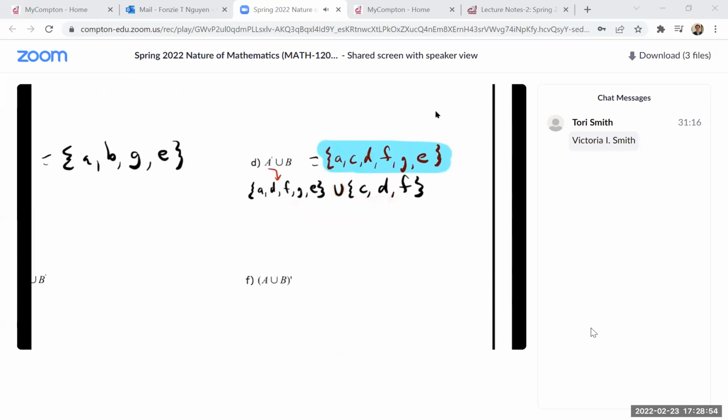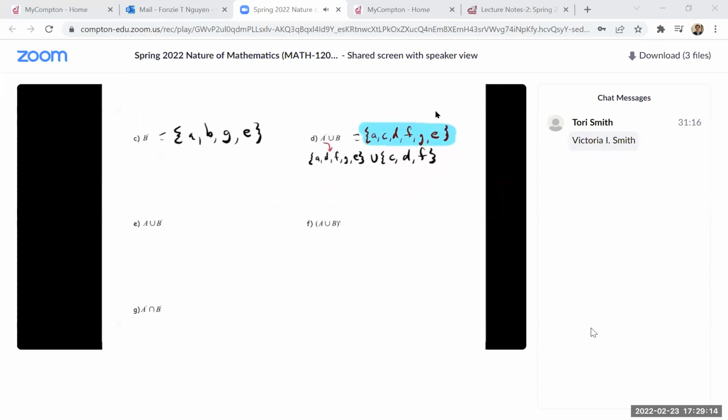That means you just bring them all together into one big set without repeats. So we just combined this one with this one, and we took out the doubles. F only one time, D only one time, and we added the C. So A, C, D, F, G, E.